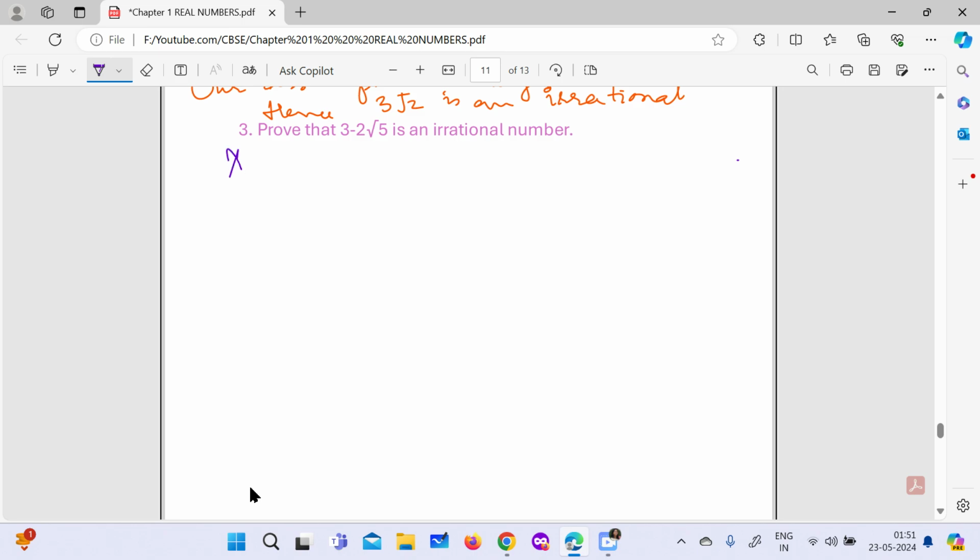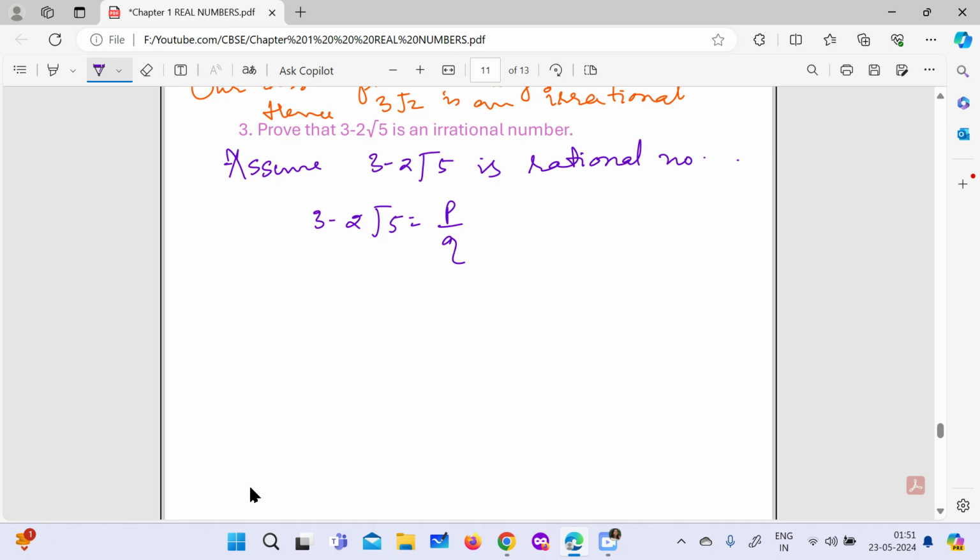So let's assume that 3 minus 2 root 5 is a rational number. And since this is a rational number, 3 minus 2 root 5 is nothing but p over q. So we can have it this way.